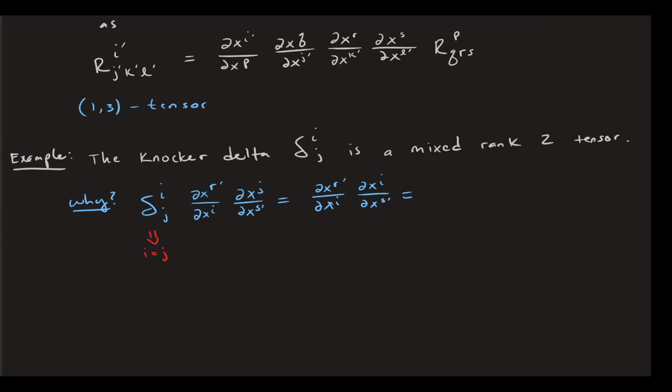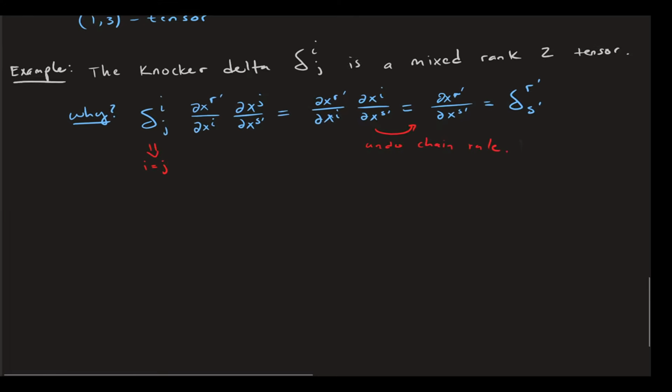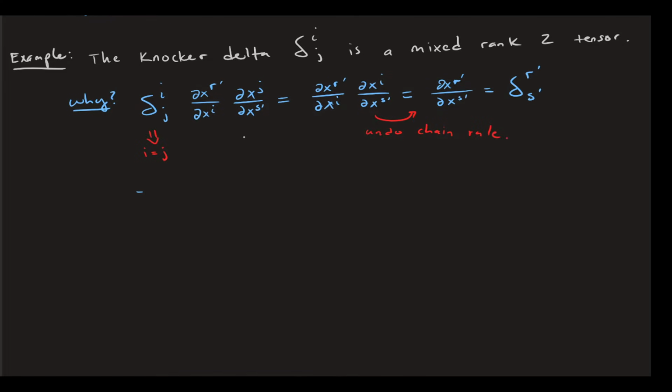This is really just a multivariable chain rule expanded out. So undo that chain rule, we get partial x^r' over partial x^s'. What's partial x^r' over partial x^s'? Well, that's delta^r'_s'.